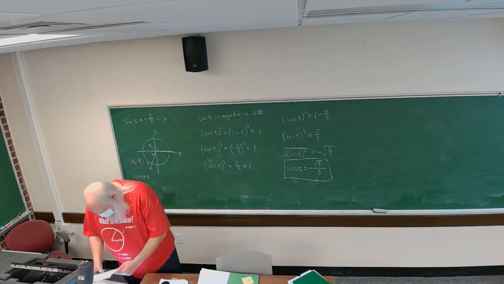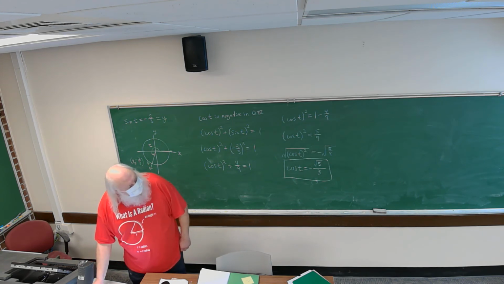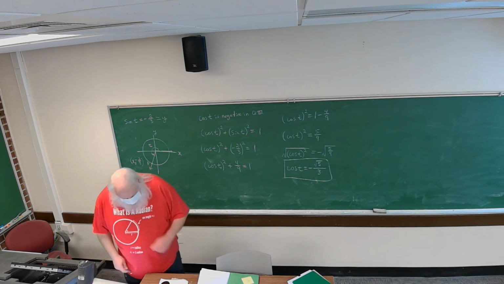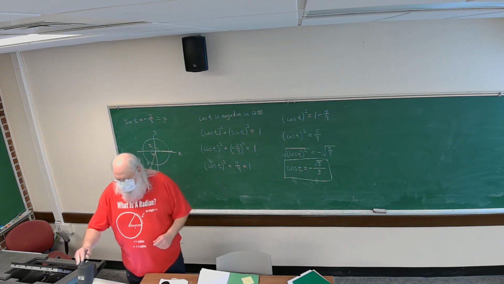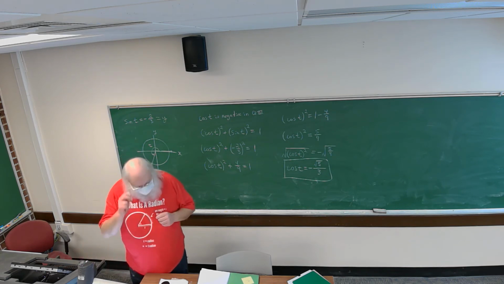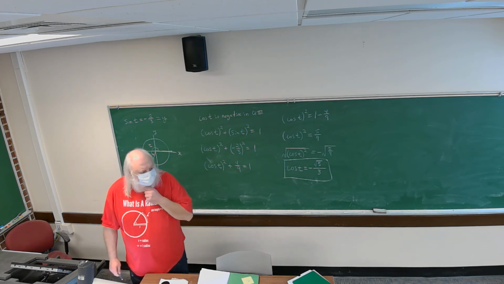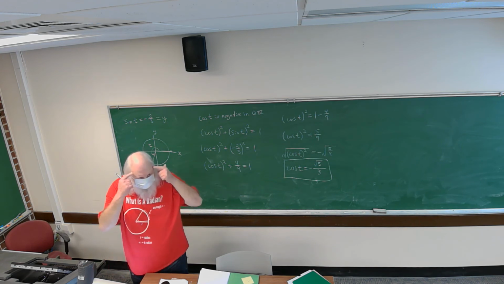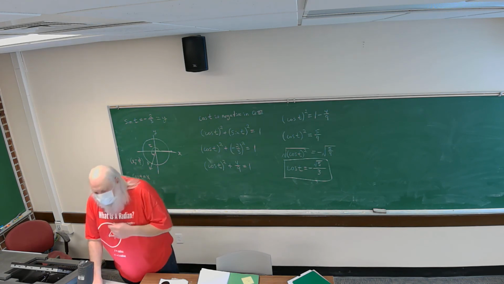And on the third page, we have all the angles from 0 to 360 degrees, and their corresponding value of cosine and sine. All that information in the table is the same information that's on the first page, on the circle. It's just in table form. And so you might find doing the homework a little easier if you reference this handout. But when it comes exam time, it's got to be up here. Okay? All right. So any questions on that?